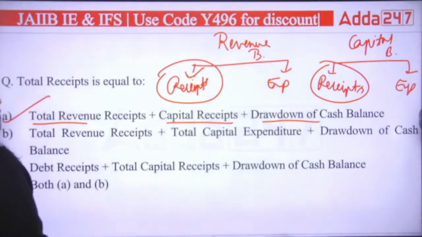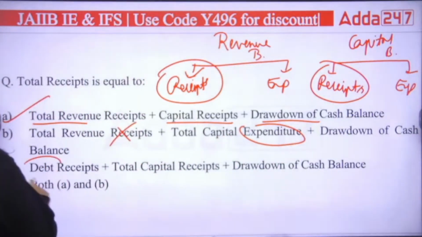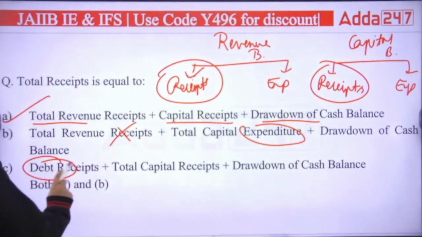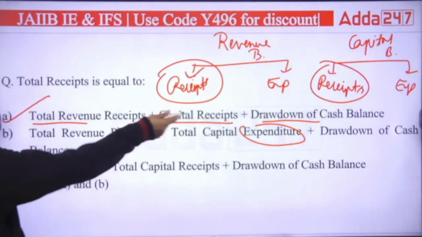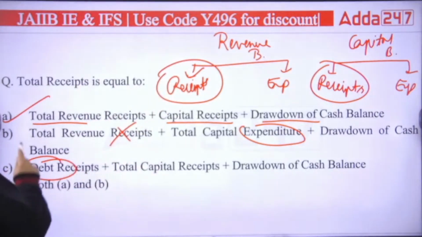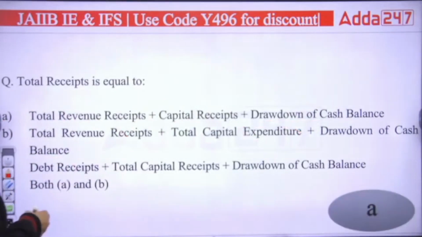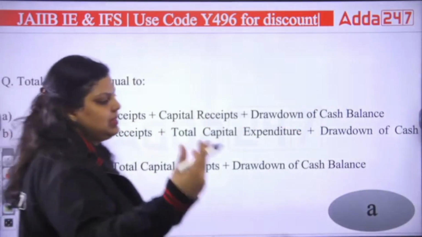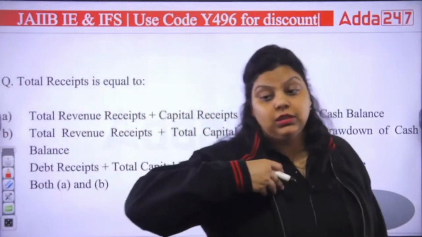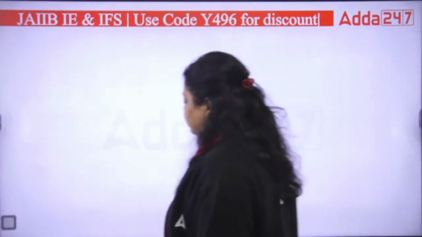The second is wrong because it talks about expenditure. The third is wrong because it only calculates debt receipts and capital receipts, with no revenue receipts defined. So the right answer is A. Drawdown of cash balance is simply the cash balance the RBI holds, which the government can withdraw whenever required.